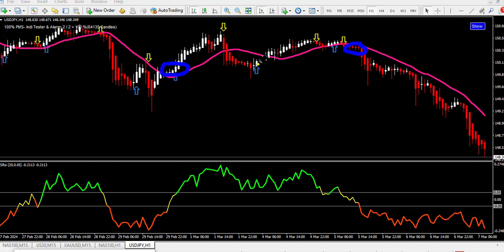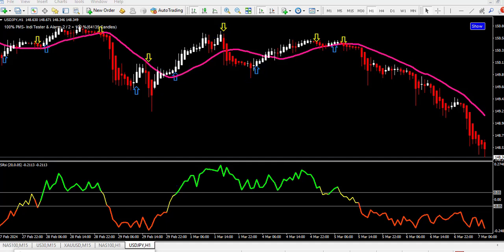This yellow arrow must be present for a sell, and this blue must be present for a buy, and this must turn to lime color for a buy and red for a sell, and it must be below minus 0.5 for a sell and above 0.5 for a buy for this particular indicator.